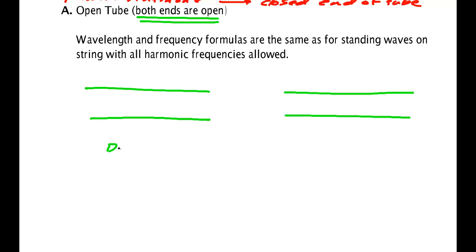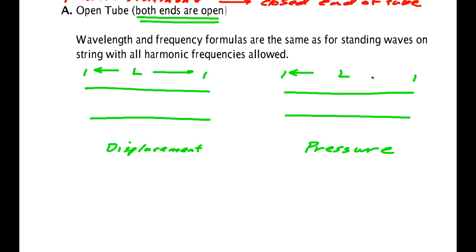So this will be the displacement picture, or what I generally prefer, the pressure picture. This tube's got a length here of L in both cases. And we are assuming that this gap, this diameter in the tube, is much smaller than that L. If that's the case, then we know the following.